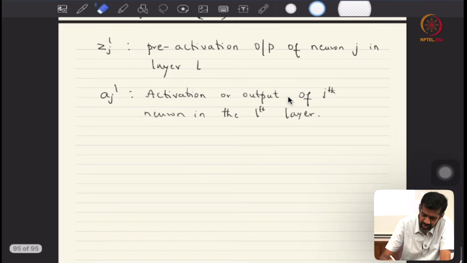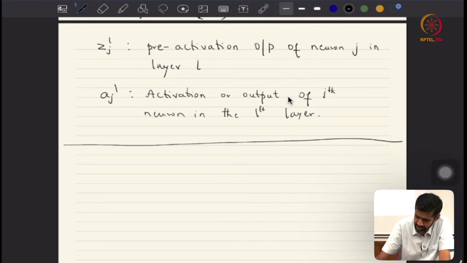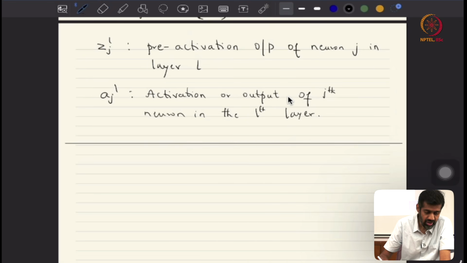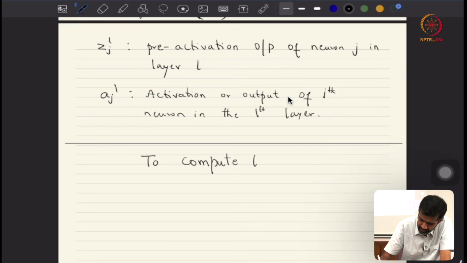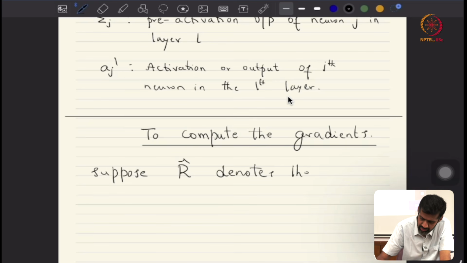So now there are two things that one needs to do when you compute the gradient. Let's compute the gradients. Suppose R cap denotes the empirical risk.